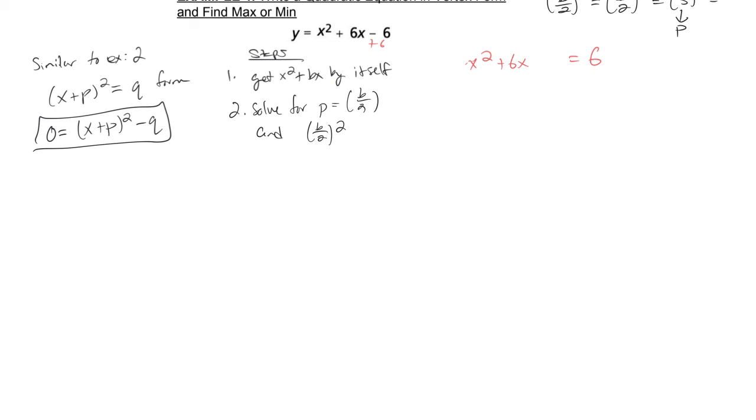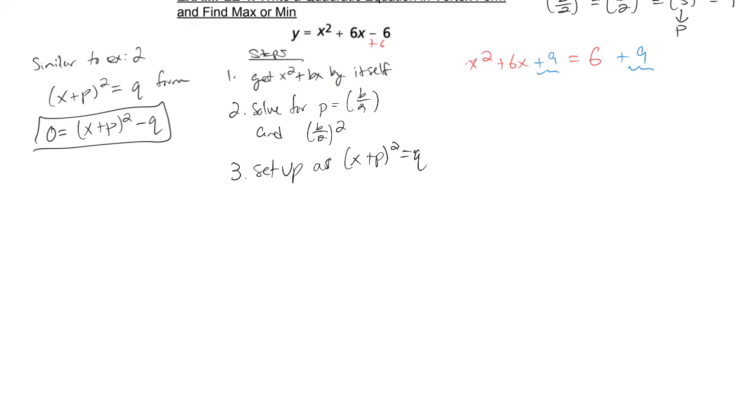And then we get 9, so we're going to add 9 to both sides, and now set up as (x plus p) squared equals q.